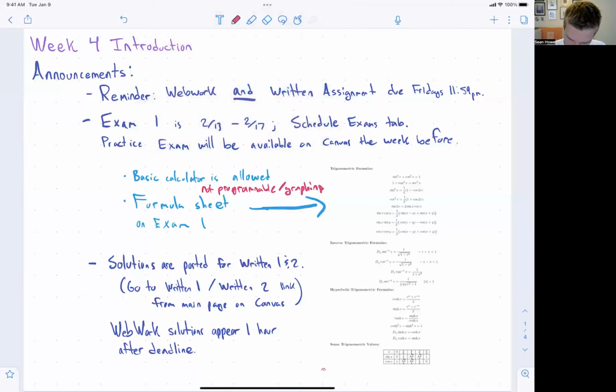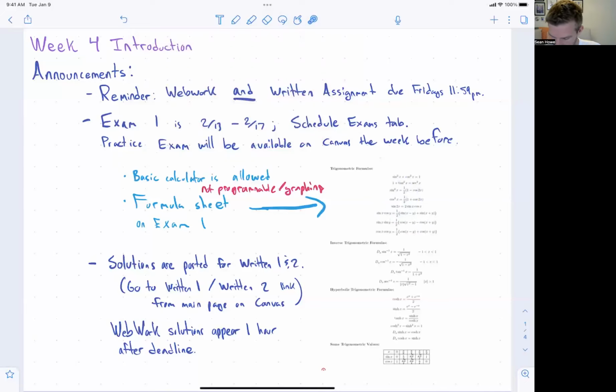Then there will be a formula sheet on the exam. You'll see it when you do the practice exam, but I also just copied it here since that practice exam isn't available yet. It's going to have some basic trigonometric formulas relating different trigonometric functions. These are formulas you're also going to use a lot this week on this week's assignment.